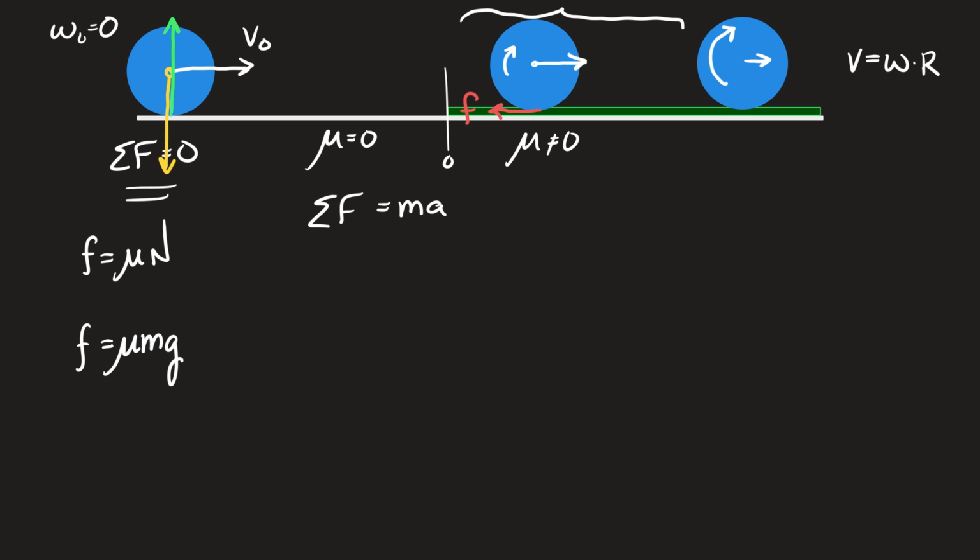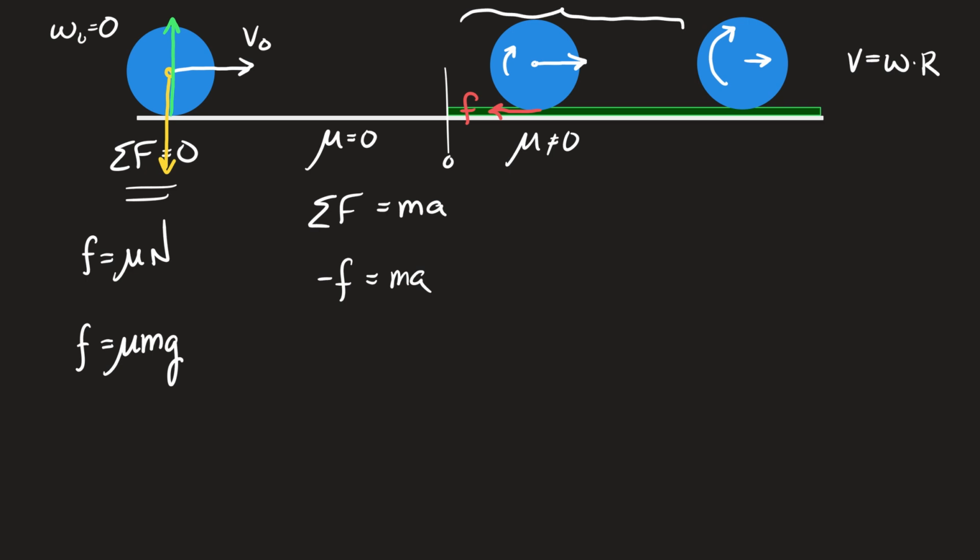Now, judging from my picture, the initial velocity is to the right, but this frictional force is to the left. For consistency's sake, I'm going to make to the right positive. And that would suggest then that minus friction equals ma, if I was to look at Newton's second law. Right?